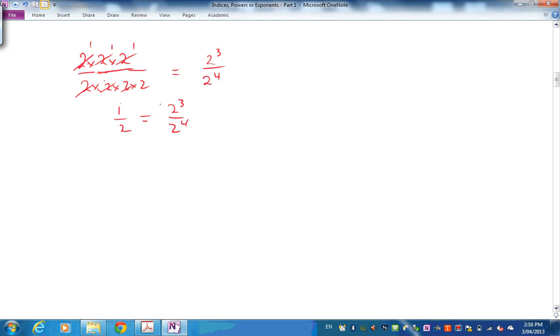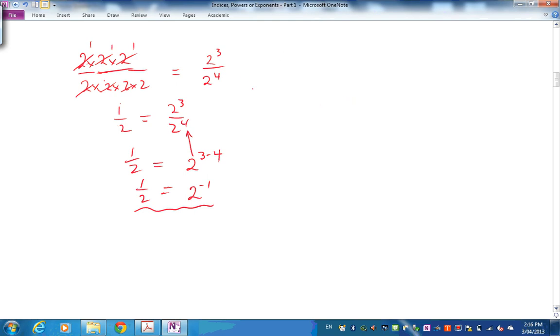Hang on. I don't know how this works, because this, according to our rule, should be 2 to the 3 take 4, which is 2 to the neg 1. Hey, we're getting into interesting land here.